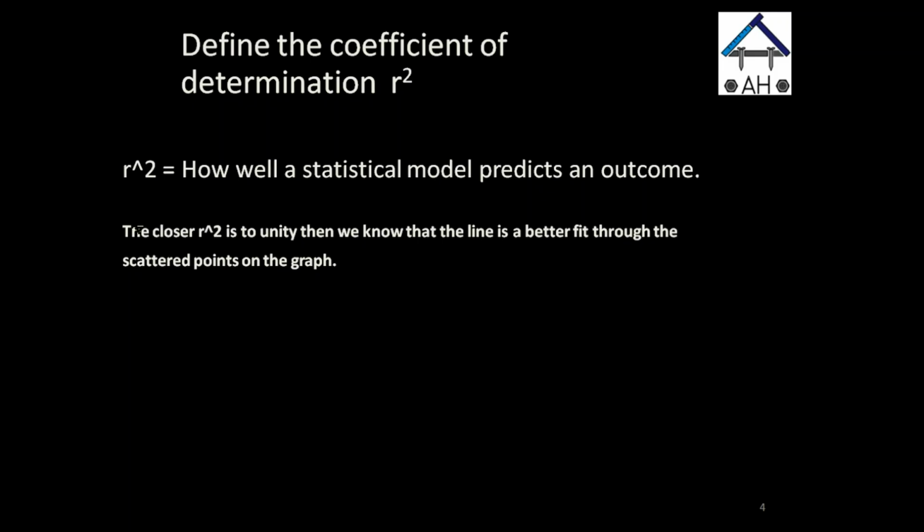In a nutshell, the closer R squared is to unity, then we know that the graph is a better fit through the scattered points or through the data points that we have put in. So the closer R squared is to 100% or to unity, then we know we have a better fit.